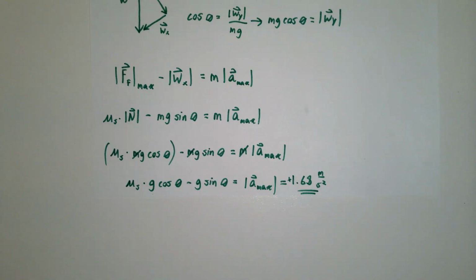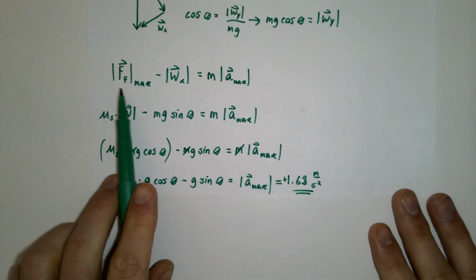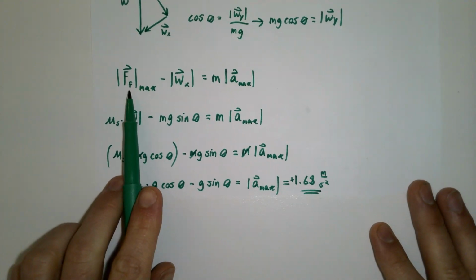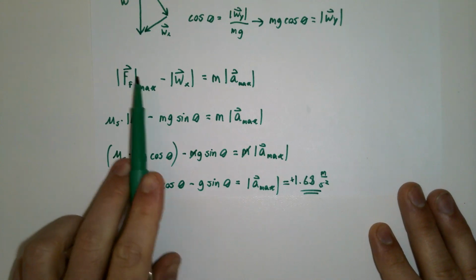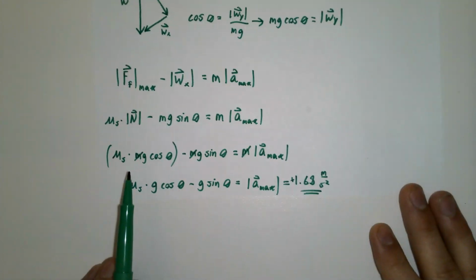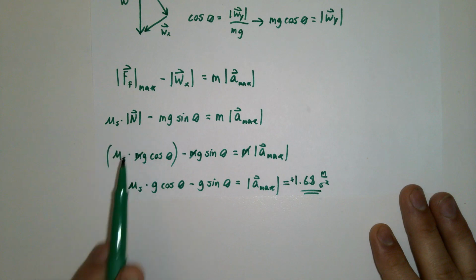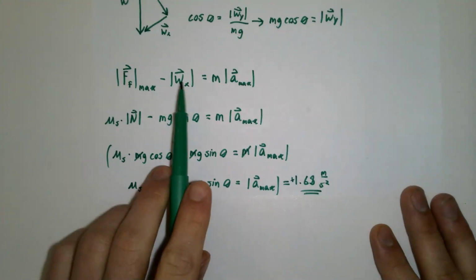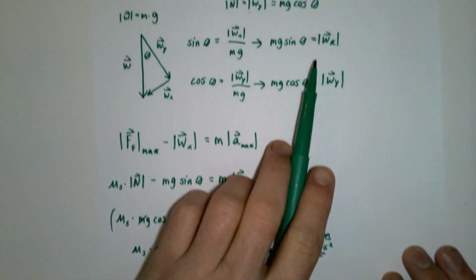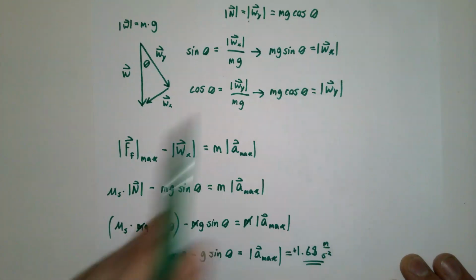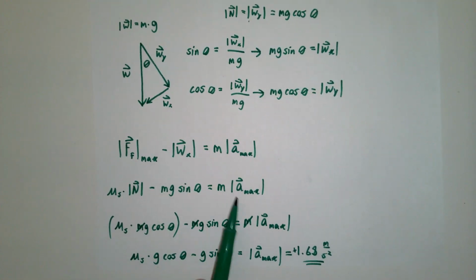And now it's simply a substitution question. Maximum frictional force, our equation for this force, is mu sub s times normal. We know the normal force is equal to mg cosine theta. We know weight in x is equal to mg sine theta. Mass times acceleration is still on our right side, the second half of Newton's second law.